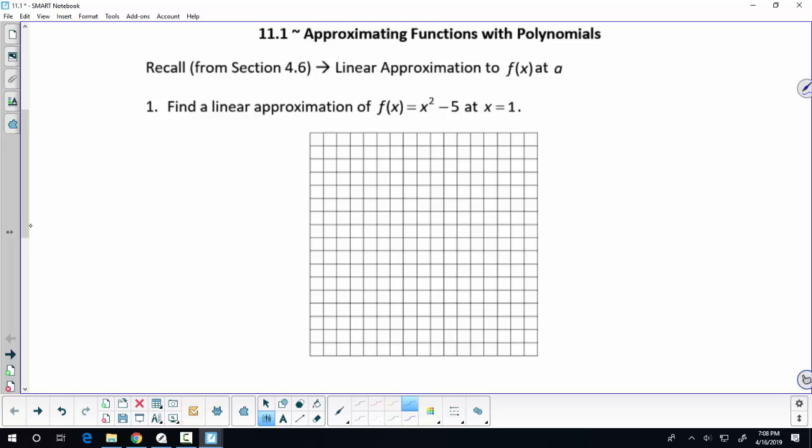Just as a reminder, the linear approximation is nothing more than the equation of the tangent line at that point.